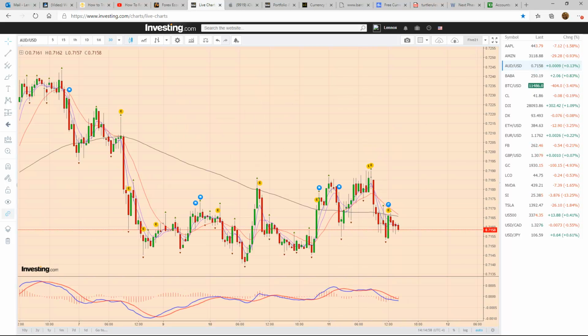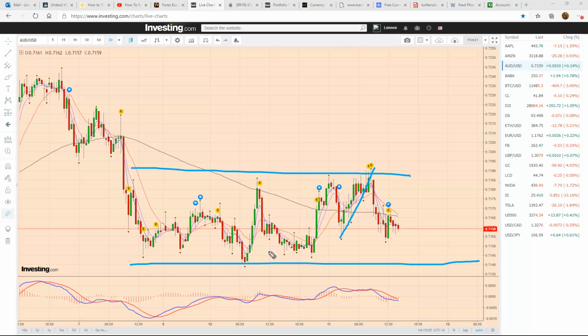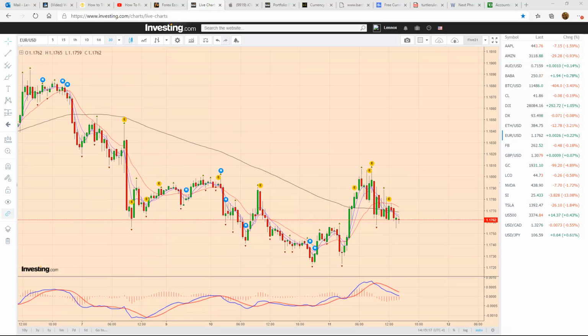So since we had that move to the downside on the US dollar, we'd have that move to the upside on Aussie US. But Aussie US is kind of in a sideways mode here. So maybe not such a great opportunity for a play. Let's take a look at Euro US dollar, for example. See how that differs.